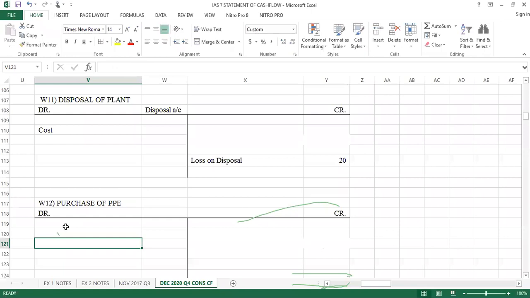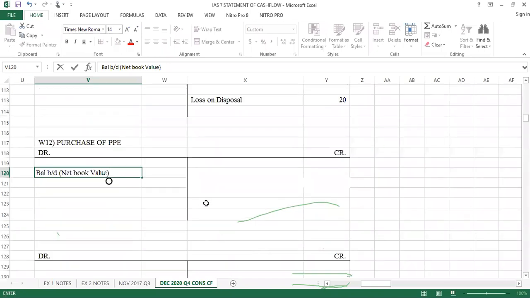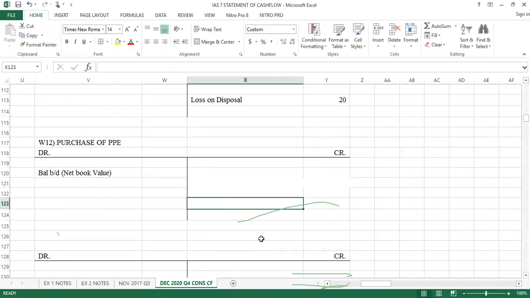Purchase of PPE. Now, opening balance. Please, let's be attentive here. Balance brought down, but remember, it is not cost. What is given in the balance sheet, that is why it was confusing me, is a net book value. What we were using before was cost, but now we have been given the net book value. What is always in the balance sheet is the net book value. Balance carried down.